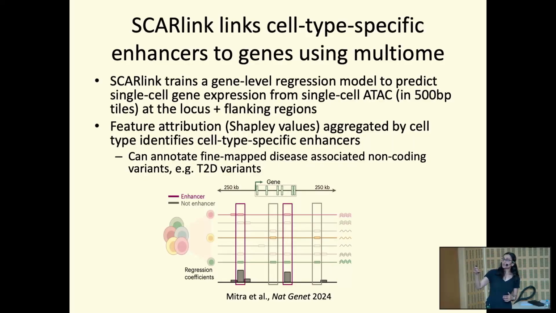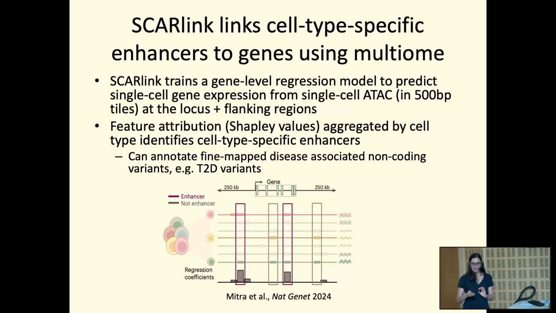And then we can use just Shapley values in single cells, aggregate over cell types, and identify cell type specific enhancers, okay? So doing feature attribution to figure out from this general model, what are the enhancers that might be active in individual cell types, and then see if we can annotate fine-mapped disease-associated variants.